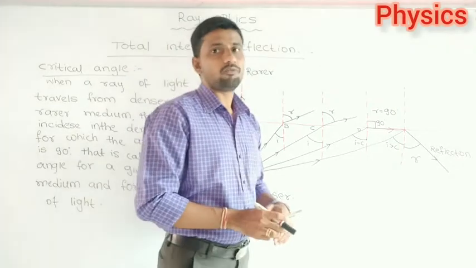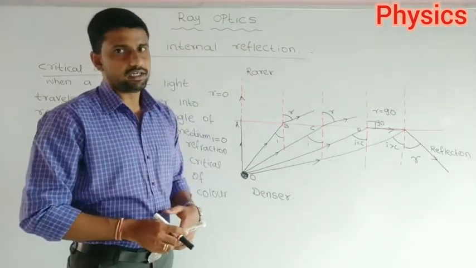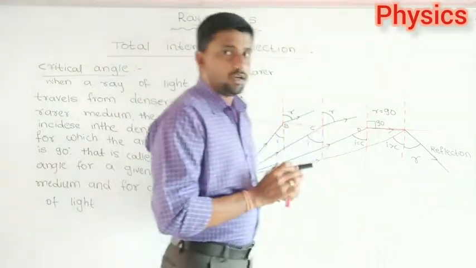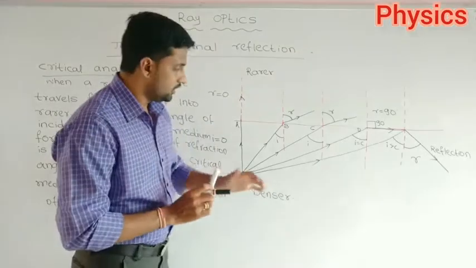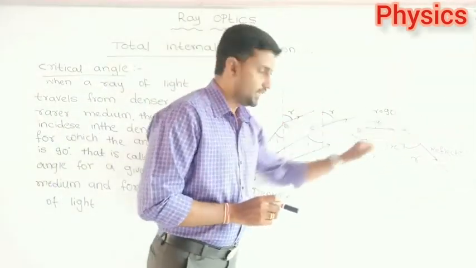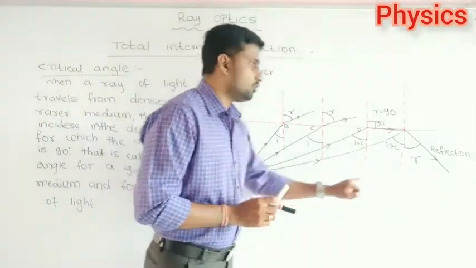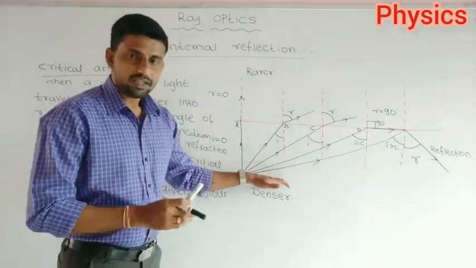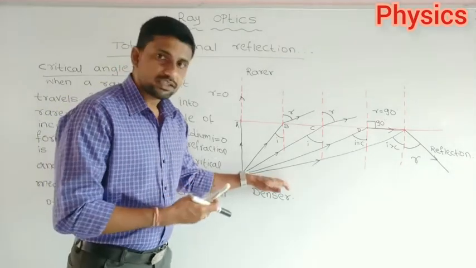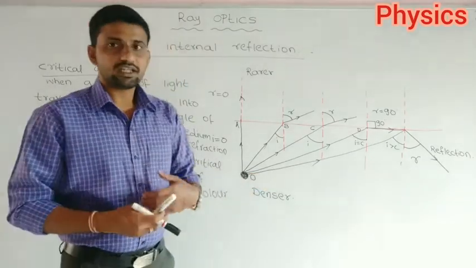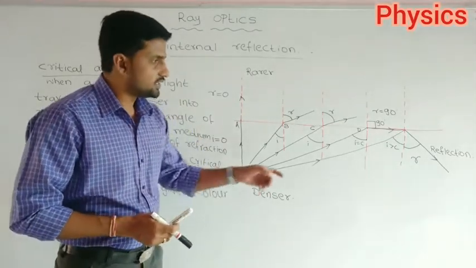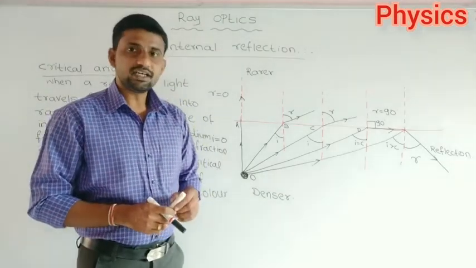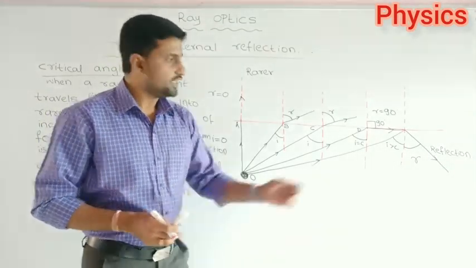Then that phenomenon of light is called total internal reflection. So total internal reflection is nothing but when a ray of light is incident from denser to rarer medium, and the angle of incidence in the denser medium is greater than the critical angle, then the incident ray totally reflects back into the same medium.